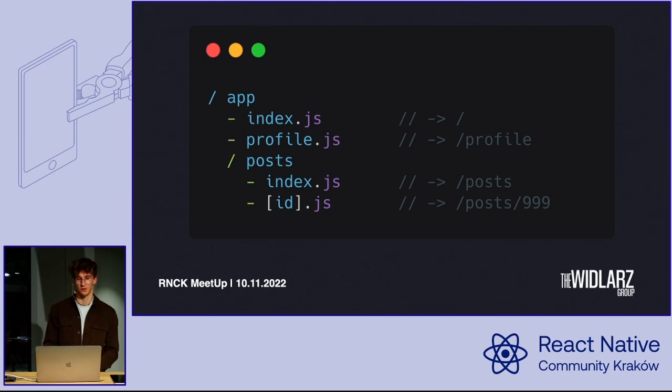Before we go further, there's also one more thing to talk about while we are at this slide. The last line represents the file called ID, and the name is wrapped with curly square braces.